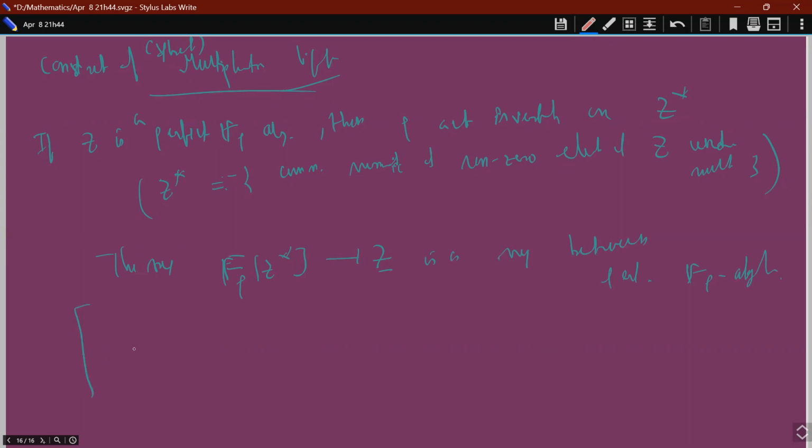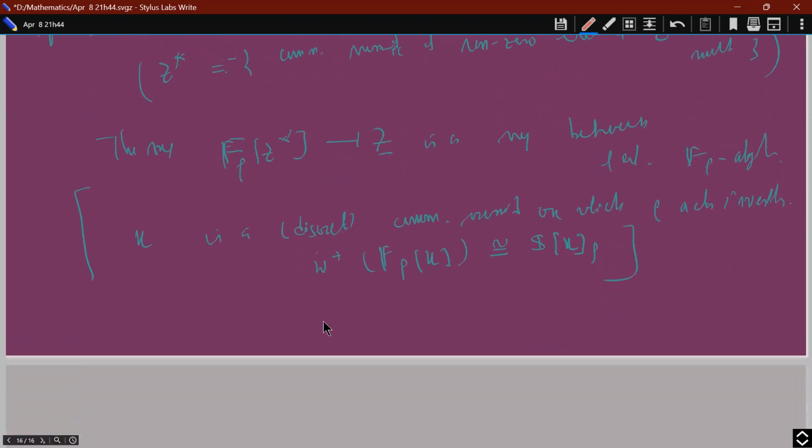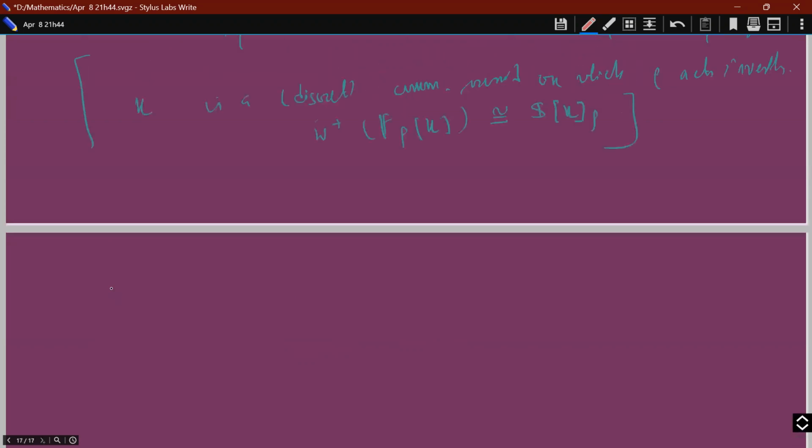So suppose, I don't know, so okay. So a discrete ring on which p acts invertibly. And we have the following equations, and this is something that we can do. You can see what I mean. So we'll apply the functor and use this fact. So then we'll get something like this. So we'll get a map.